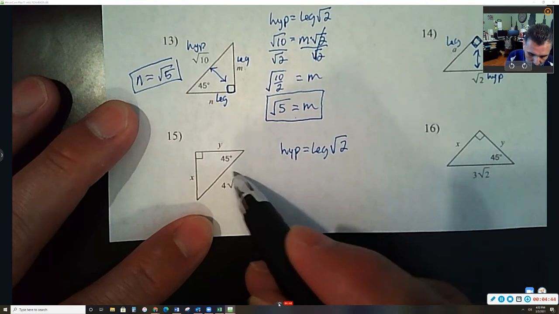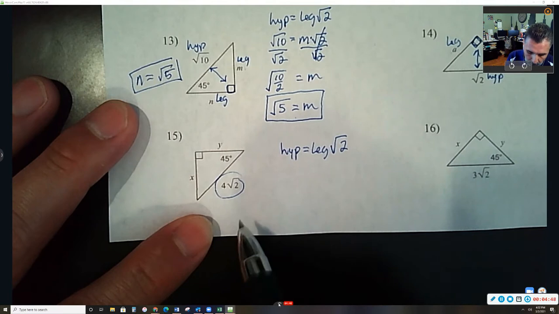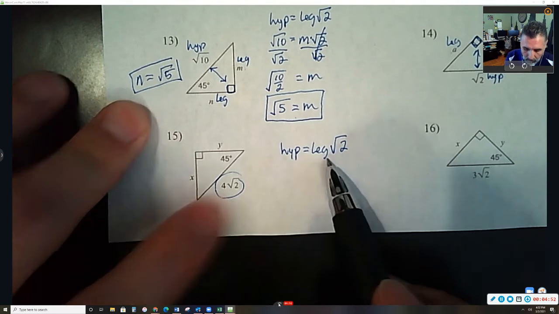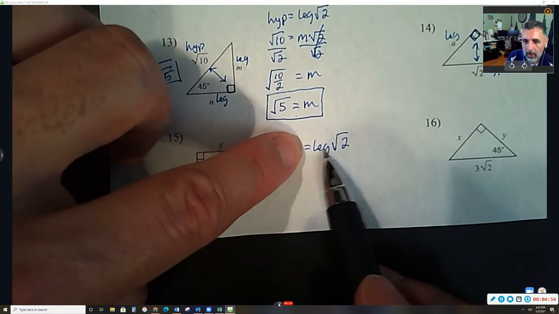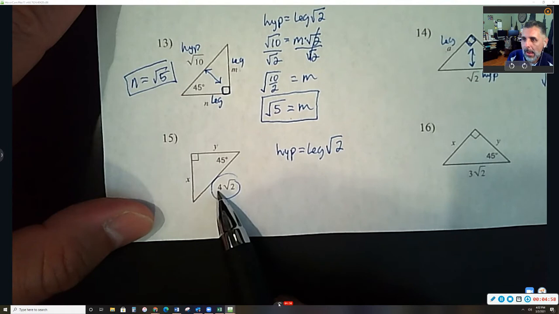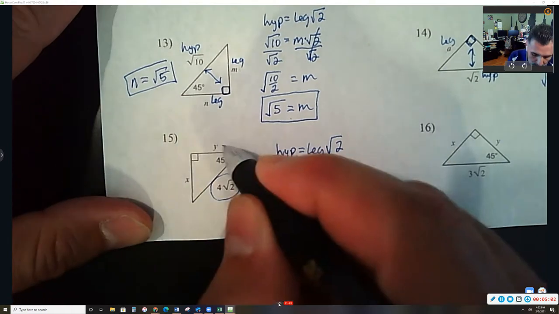And check out what we got here. 4 times the square root of 2. Check out what this is. Leg times the square root of 2. Wasn't the leg just 4? It is, actually.